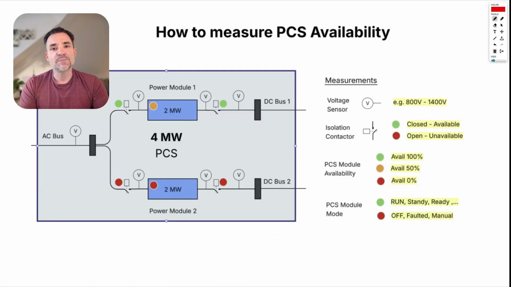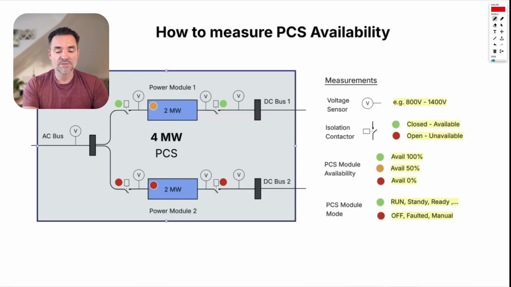For PCS, it's a bit more difficult to just use simple contactor status because the power modules are controlled by the PCS controller. Even though DC contactors might be closed and powering the DC modules, if the DC modules are not running, if the IGBTs are not getting triggered, then you're not available.